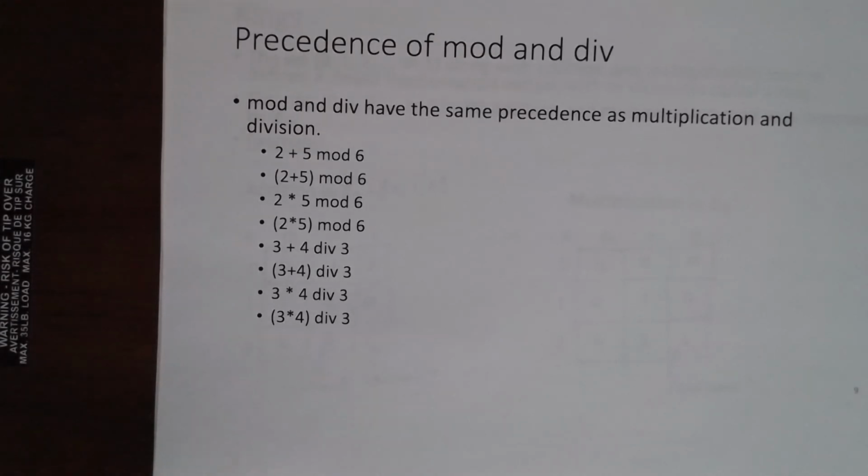When you have only multiplication and division, everything is done from left to right. Yes, it's PEMDAS, exactly. Mod and div are part of your M and Ds. M can stand for multiplication and mod, and D can stand for division and div.